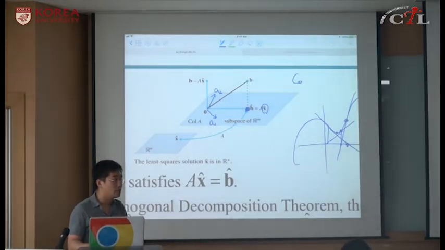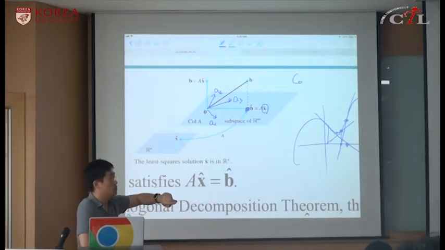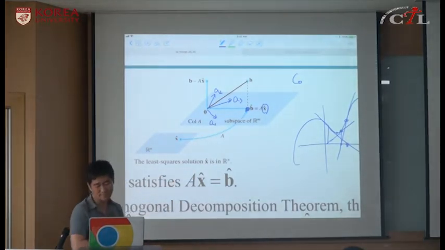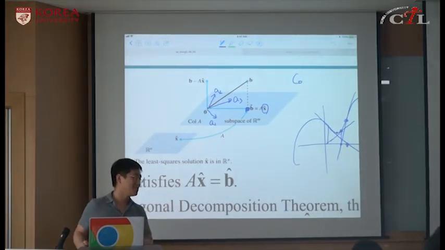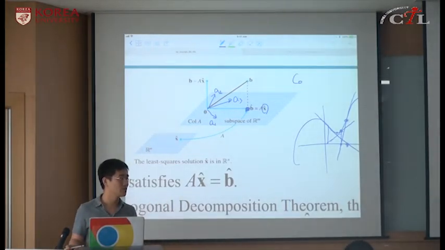So when is x hat uniquely defined? That's when the columns of A are linearly independent, right? What if we have linearly dependent columns, like A3? In that case, again, the orthogonal projection point is uniquely defined, but the linear combination for that unique point will be defined with multiple different linear combination coefficients.